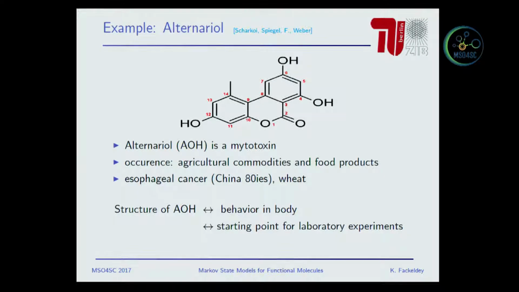It's a mycotoxin, and you find it, for instance, in wheat. In the late 80s, in a region in China, they found this mycotoxin in the wheat, and they saw that the people got esophageal cancer, so they thought, okay, this might be due to the fact that we have this altenariol in there.